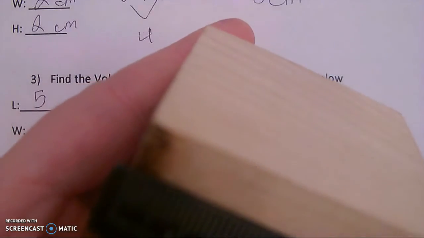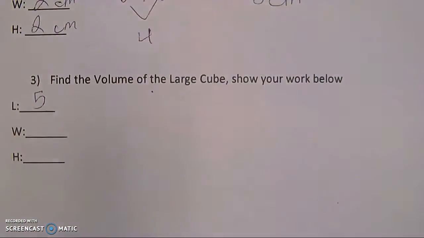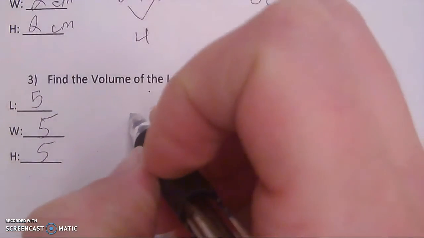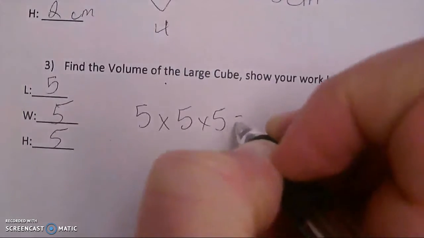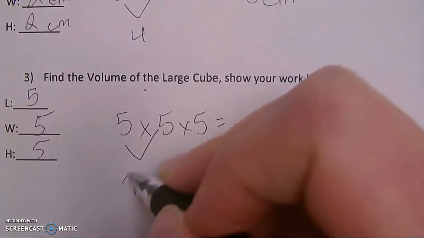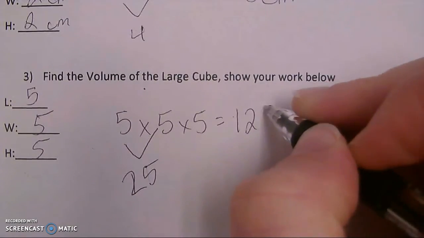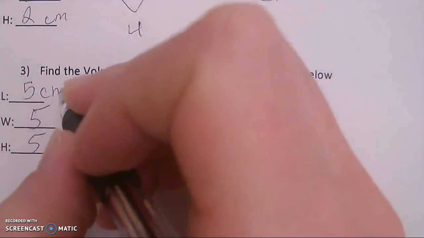And about 5 centimeters for the height. Okay, so plugging that into the equation, 5 times 5 times 5. 5 times 5 is 25, and 5 times 25 is 125. And this is again centimeters cubed.